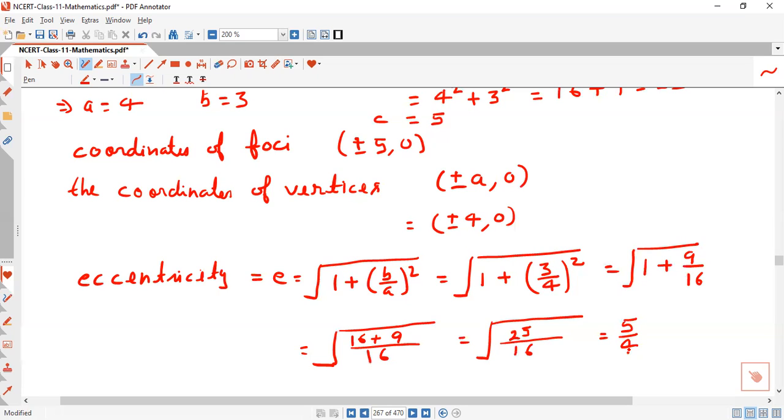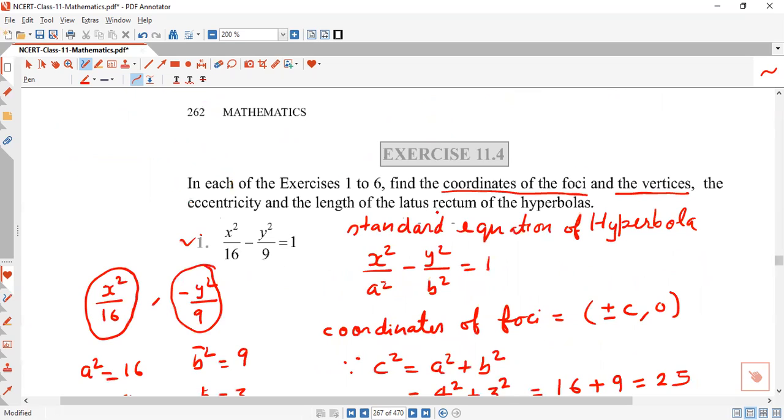So eccentricity is 5 by 4. Remember always, the eccentricity is always greater than 1 in the case of a hyperbola. So 5 by 4 is greater than 1. No doubt, this is the answer. Another part: the length of the latus rectum of the hyperbola.